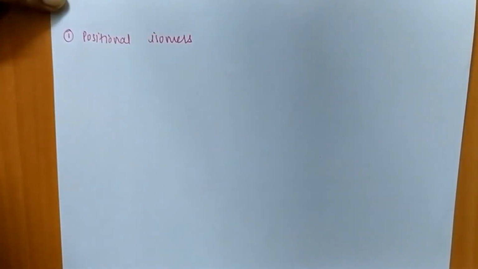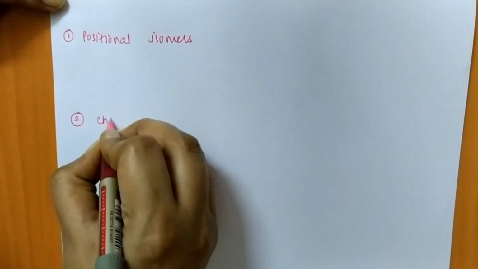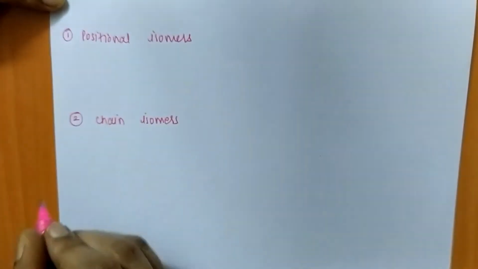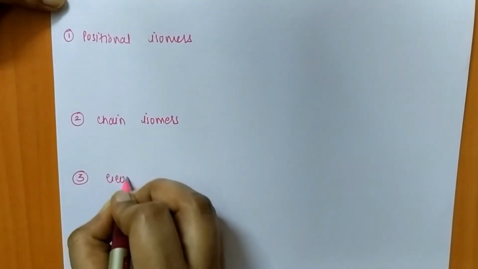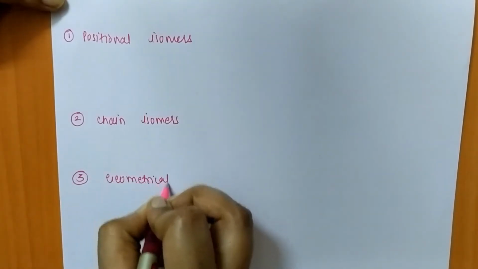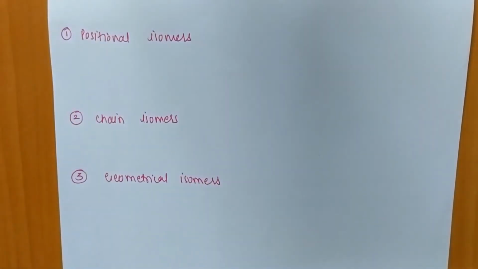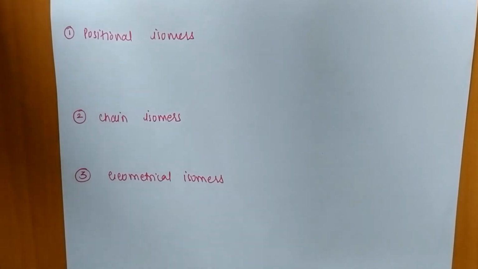Then the other one is chain isomers, and the other one is geometrical isomers. So now let's go to the positional isomers. The positional isomers are the isomers of alkenes in which the position of the double bond is different.